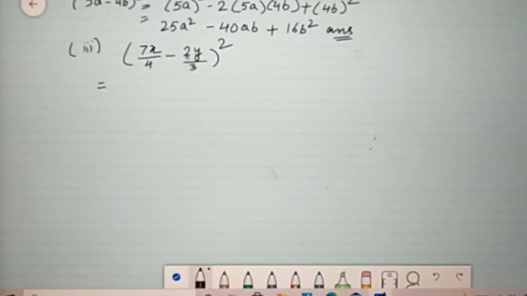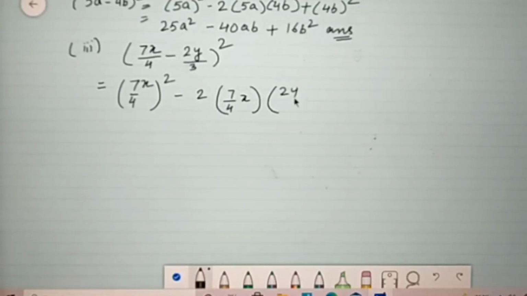This is equal to a square, the square of the first term, that is 7x upon 4, minus 2, this is the first term, 7 by 4 x, into b, 2ab. b is 2y upon 3. So 2y upon 3. Then plus b square, this is b, so 2 upon 3 y whole square. So now that we do, this is numerator y, denominator whole square.